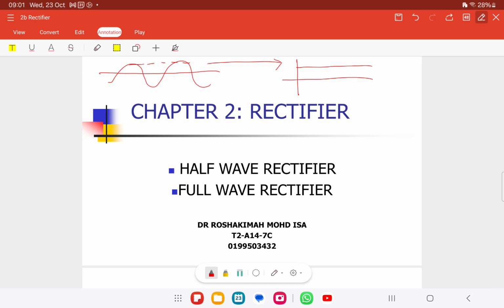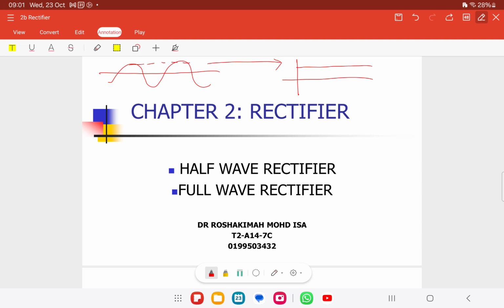Why? Because as you guys know that from the plug point yang kita guna, that one is AC signal 240. Tapi when you want to charge your laptop, you want to charge your handphone, what are the value? Kalau tengok dekat charger kepala point tu berapa? Voltage dia berapa? 15 laptop kan. Kalau handphone saya rasa 5 je kot kan.